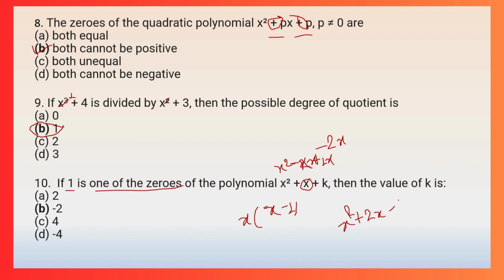So here minus x will be like this, and we have to find out the value of k. In this case, x will be common, x plus 2 will be our value like this.